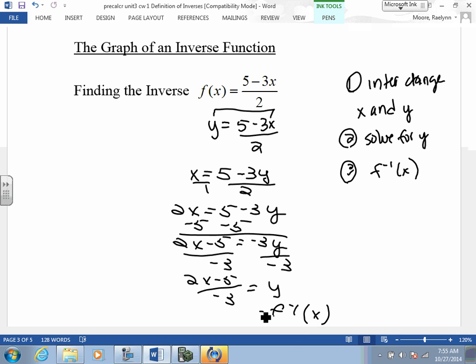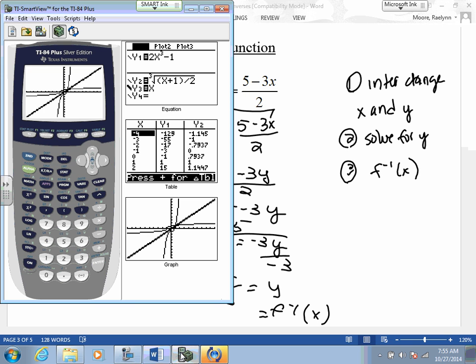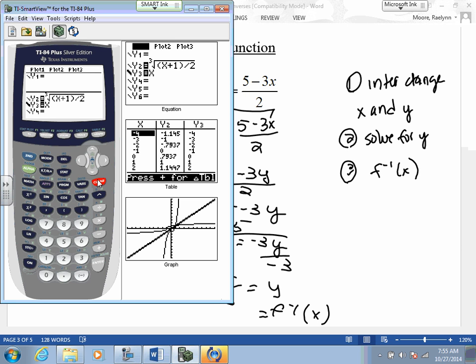Now, two ways. You can check this on your calculator. And we'll look for the table, we'll look for the inverse, and then we'll do f of g and g of f to see if they are inverses of each other. So let's see if we can put this on your calculator. If I can remember it. You can use your fraction bar if you're more comfortable with your fraction bar.